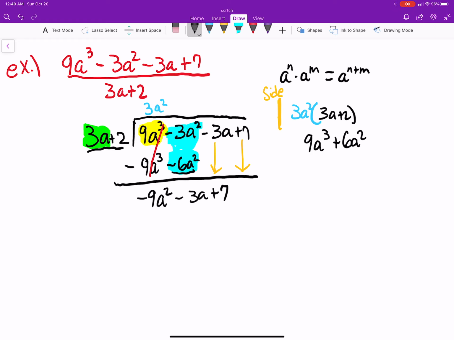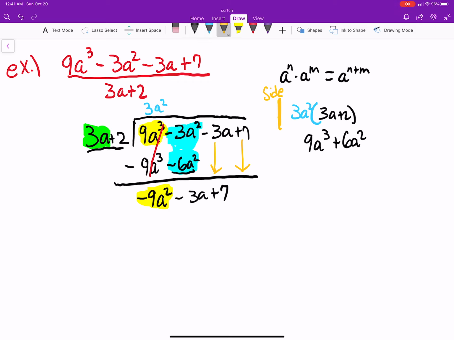Now again, just like normal division, we're going to do the exact same thing, except now what we're going to look at, I'll highlight it in yellow, is this guy. I want to get it to where if I take away some multiple of my 3a plus 2, the negative 9a squared cancels.